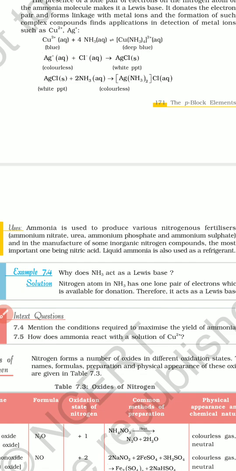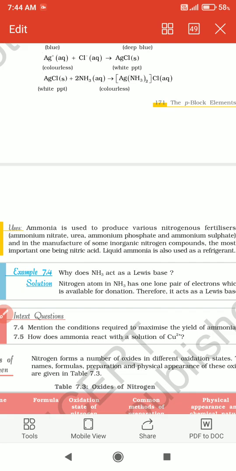This question is very important from the public exam point of view. Everyone must read this question, and the conditions and diagram are also very important. Sometimes they ask you to draw the diagram for ammonia manufacturing. So the diagram and conditions are very important, along with the preparation methods: small quantity preparation methods as well as the large-scale Haber process.